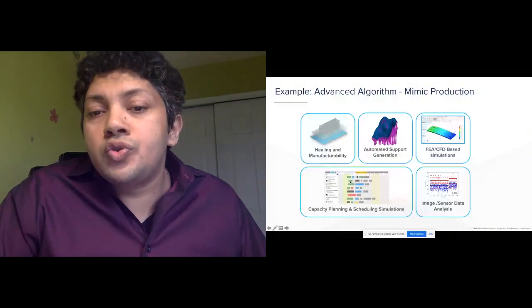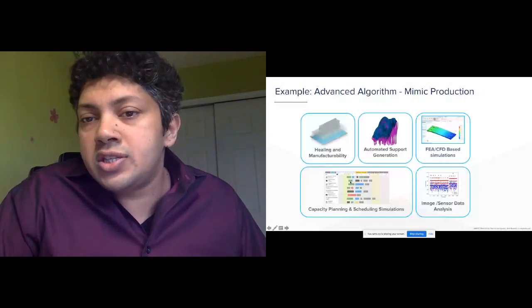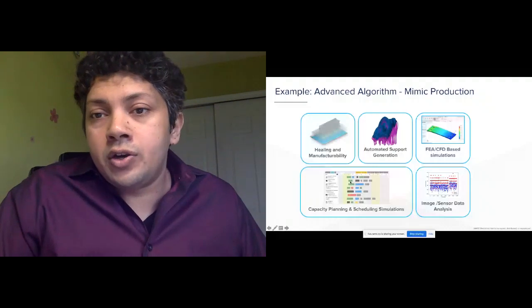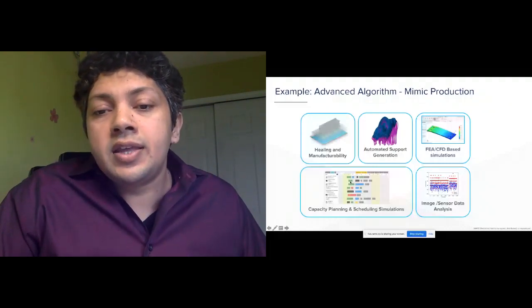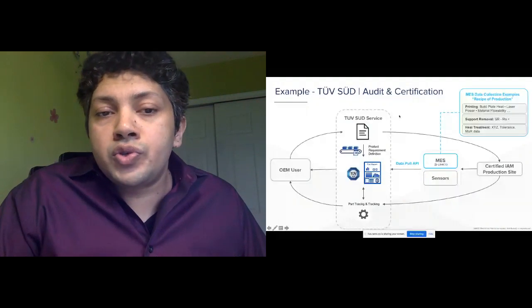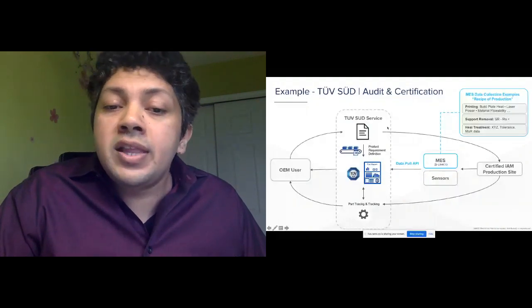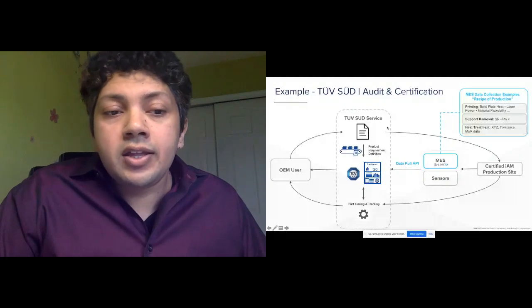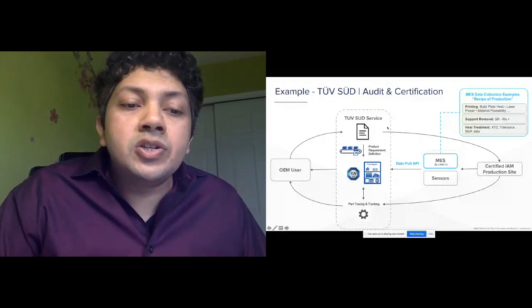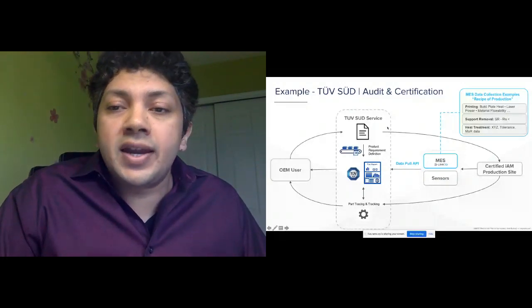But in order to truly do the certification, you need this data to be auditable. In order for this data to be auditable, the MES software needs to provide an audit log, and a certifying body needs to be able to pull that data and verify that the organization is actually meeting the requirement of collecting that data.